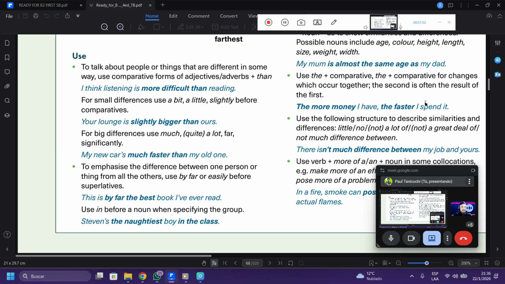We use the plus the comparative, and then it is advisable to use a comma, and then one more time the article the, and then the comparative one more time, to talk about changes which occur at the same time. And the second one is like the consequence.